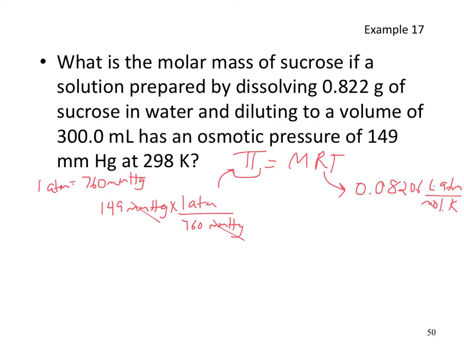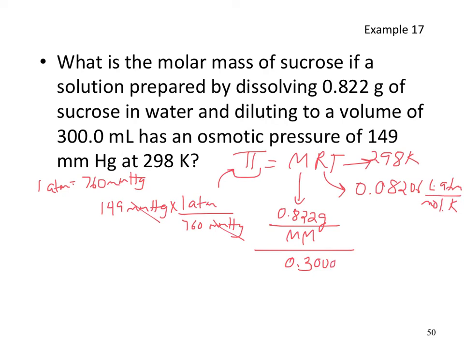R is a constant value, temperature is 298 Kelvin, and molarity is moles of the sucrose, so that will be 0.822 grams divided by the molar mass, which is my unknown that I'm seeking. Volume is 300 milliliters, but realize in molarity we always write it in liters, so that number is 0.3000.